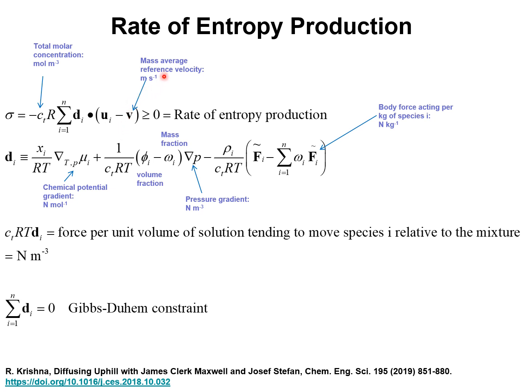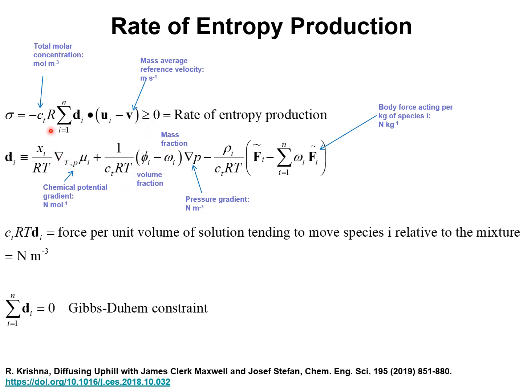In this case, the mass average reference velocity for the mixture, v. The second law of thermodynamics asserts that the rate of entropy production must be positive definite.